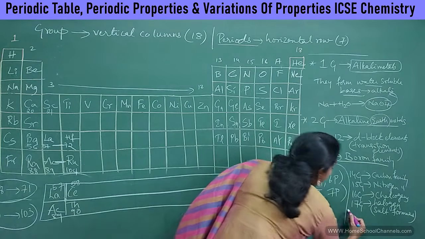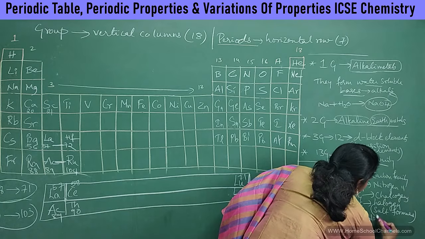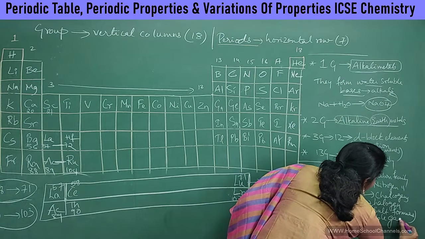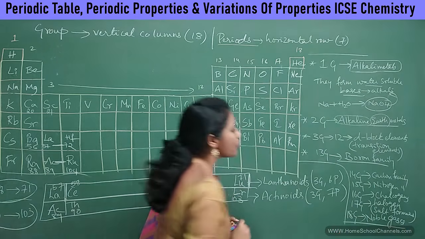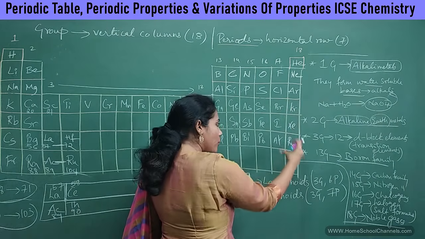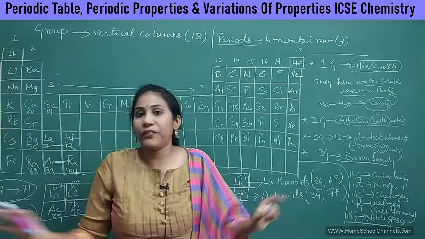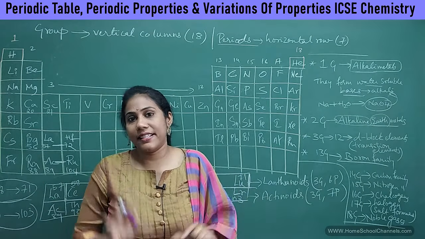And coming to 18th group elements, they are called noble gases. Why do we call them noble gases? It's because they are the most stable elements in nature and they do not react with any element that easily.